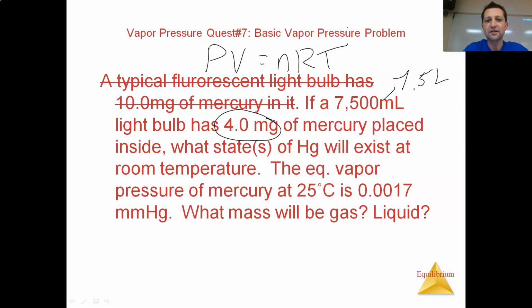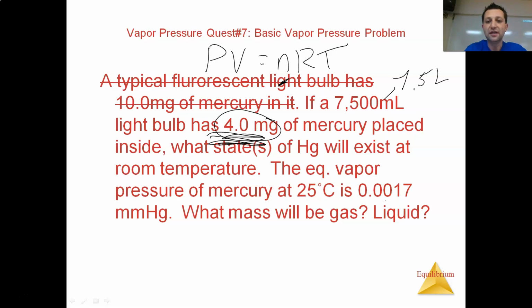Convert your milligrams of mercury into moles, then solve for the pressure and see what the pressure would be if all of this is converted into gas. Then you compare it with 0.0017 millimeters of mercury and see which one's higher or lower.